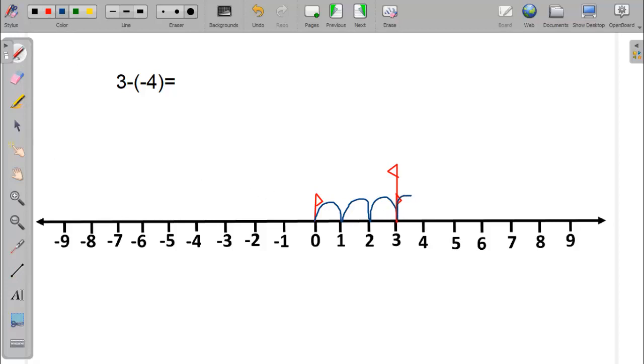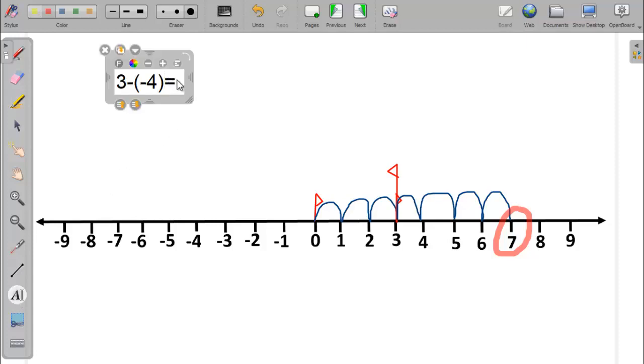First step, second step, third step, fourth step. Now we have moved 4 steps backward according to the face of the stick figure. Where did we land on? 7. So the answer is 7. That is 3 minus minus 4 equals 7.